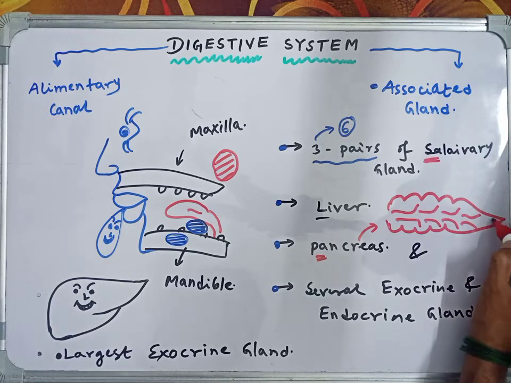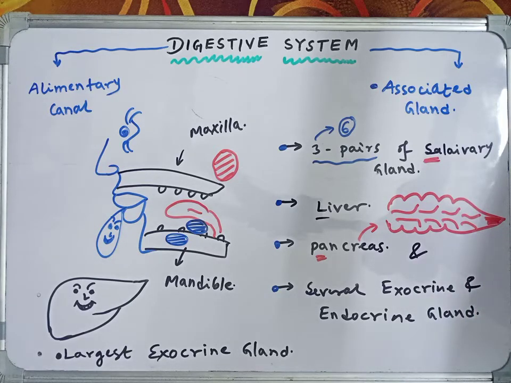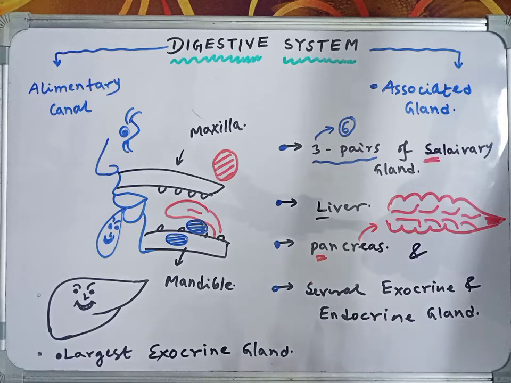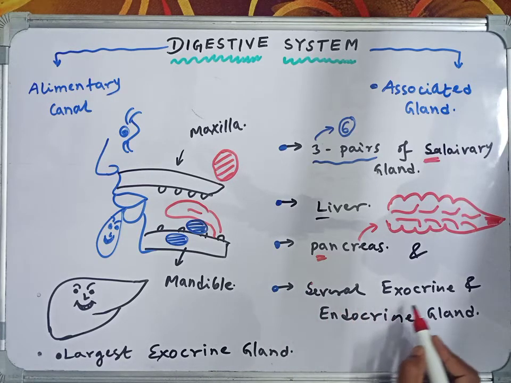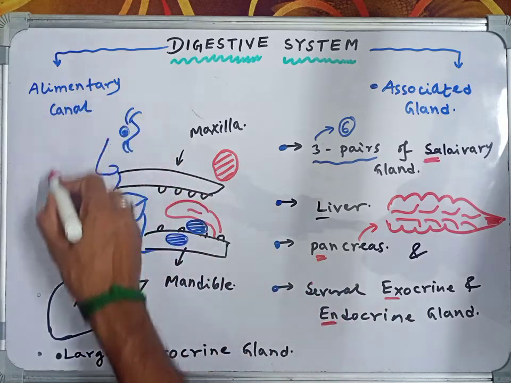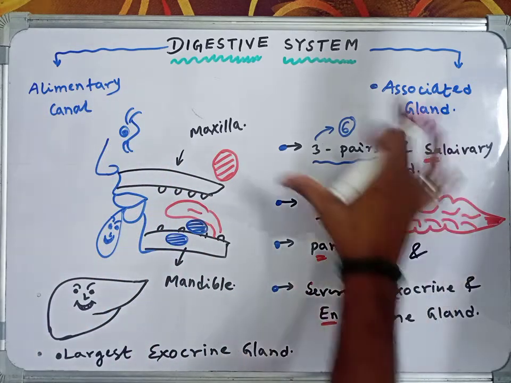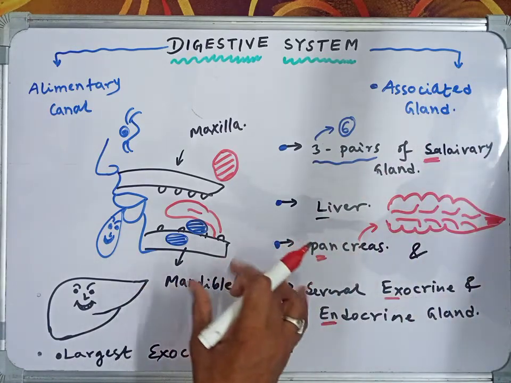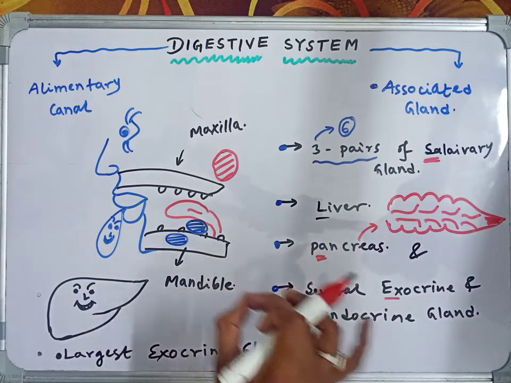So pancreas has a very great role in digestion and absorption of food, and there are several exocrine and endocrine glands throughout this long alimentary canal. That is just the basic idea about associated glands. We'll focus on it separately in big detail.